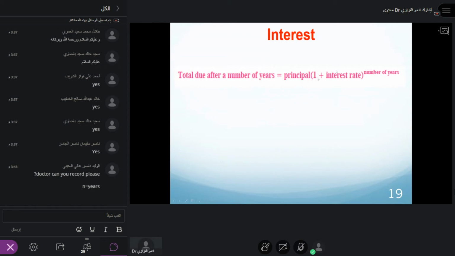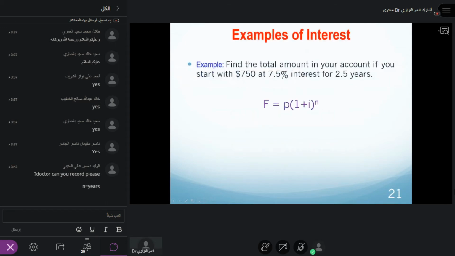So this is the formula that we plug in to calculate the total amount. So 750 will be your principal, that is, you started with it, $750 multiplied by 1 plus 7.5 divided by 100, which is 0.075, raised to the power of 2.5.